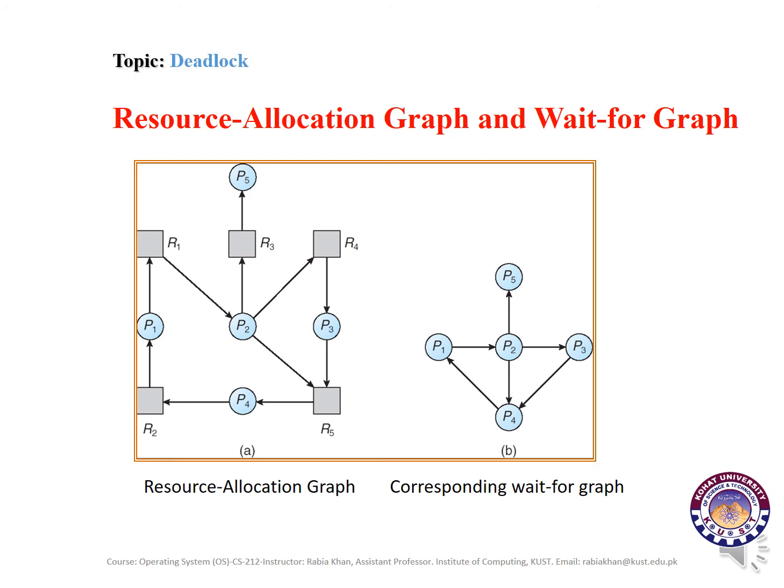You can see there are 2 circles in the corresponding wait-for graph, one from process P1, P2, P3, P4 and back to P1. Let me highlight this.